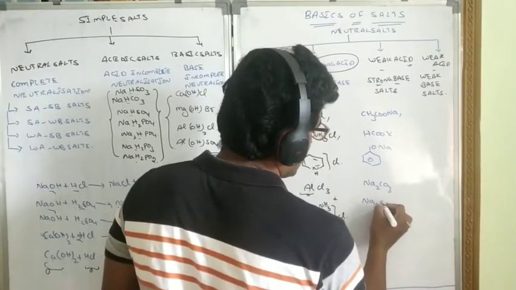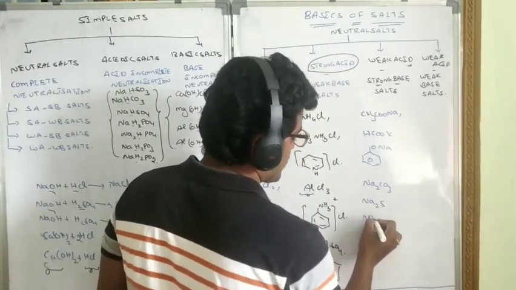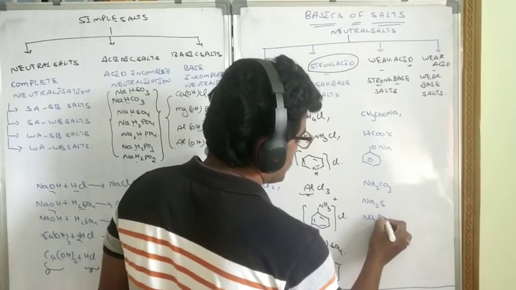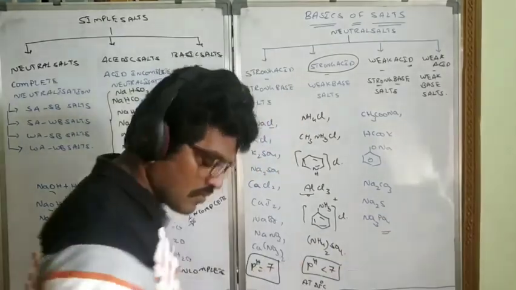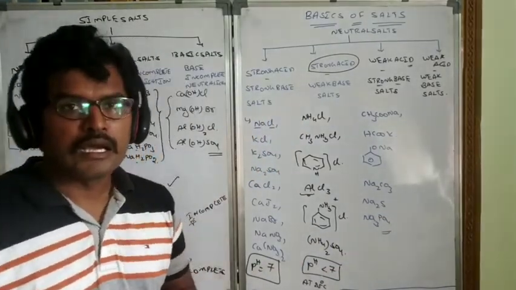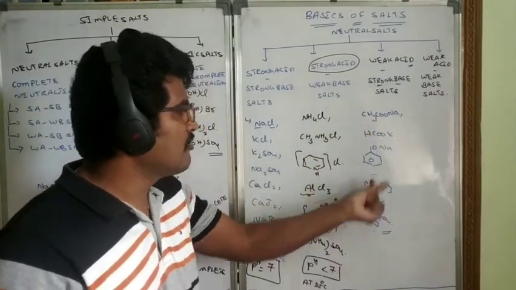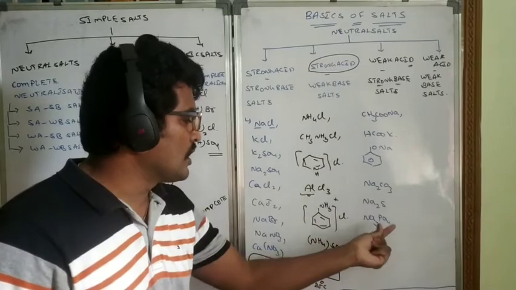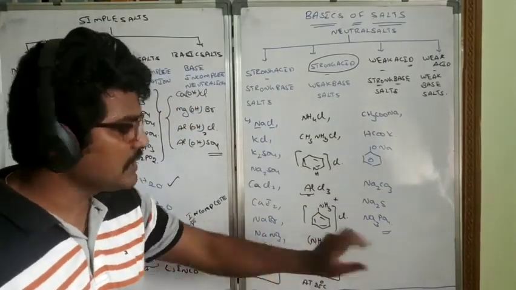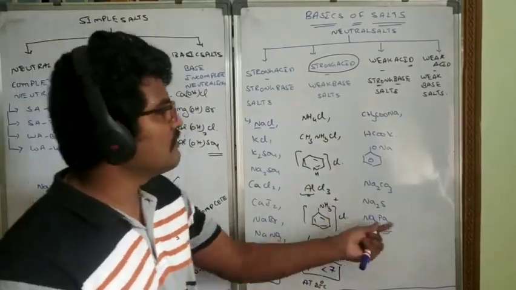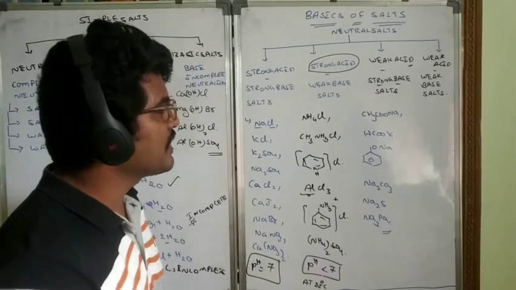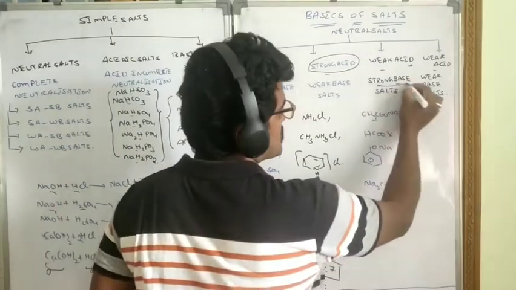Na2CO3, Na2S, Na3PO4. Like this, whatever the components you take, one will be coming from the weak acid and one will be coming from the strong base. So like this we can have the different salts. When they dissolve in water, the strong base is present.